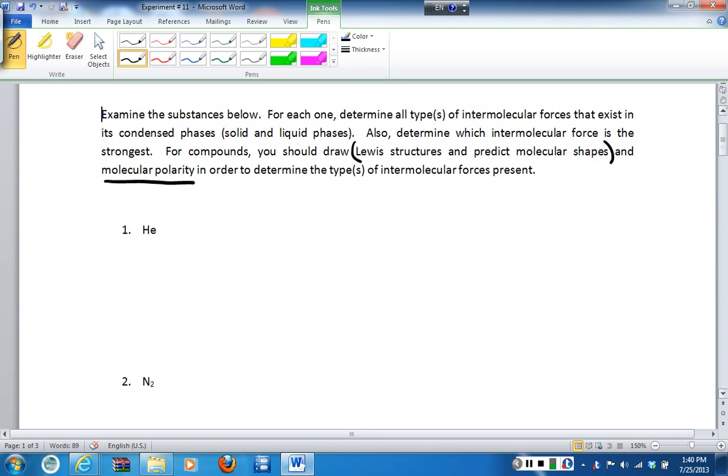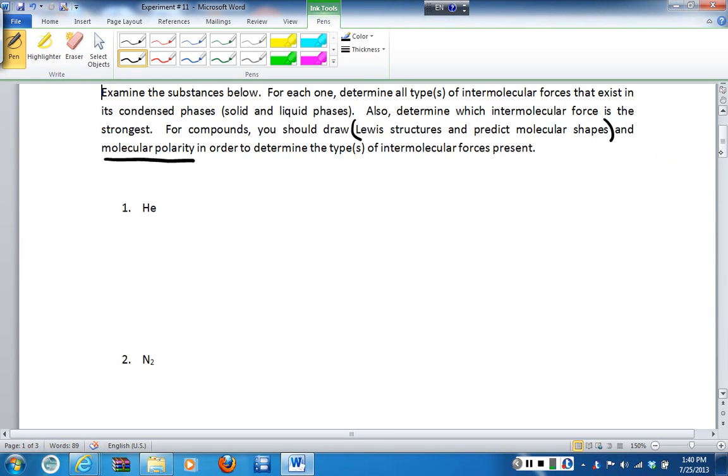Now, our first example here is a little bit of an oddball in that you really don't need to draw any Lewis structure in order to determine the molecular polarity. Because we have helium and nothing else is present, we know that this is a non-polar molecule. It's not bonded to anything else. So as a result, we can consider it to be non-polar.